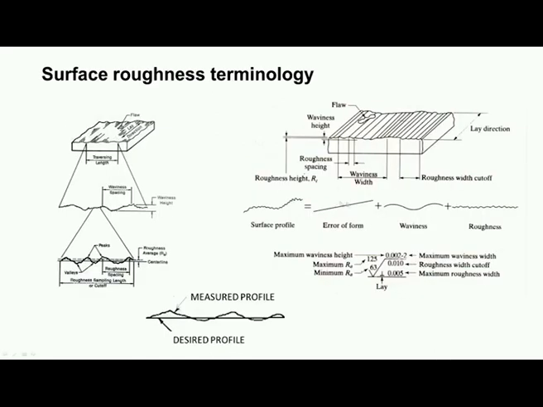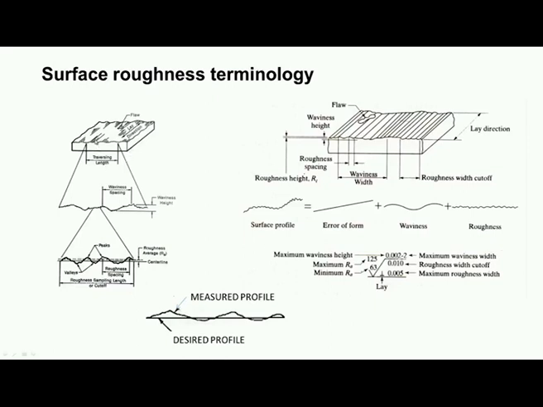Now we will have another diagram here which will help us to understand the various terminologies. This is a flat surface, and when we closely observe we can see the unevenness. This is the waviness we can observe, and then the direction of tool marks, and the flaw also we can observe.